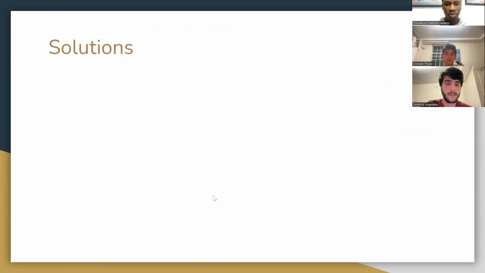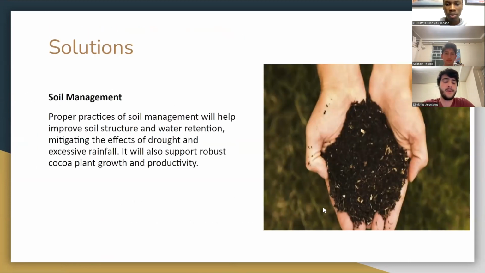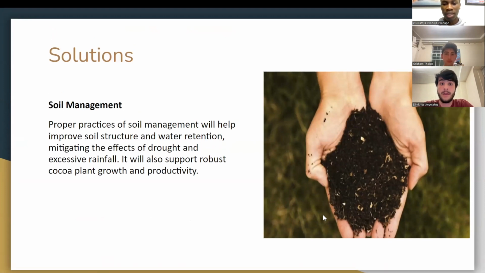Okay, some possible solutions that can help mitigate the effects of climate change on cacao production, firstly, is soil management. Basically, these are practices for maintaining soil health, which leads to fertility and more production.